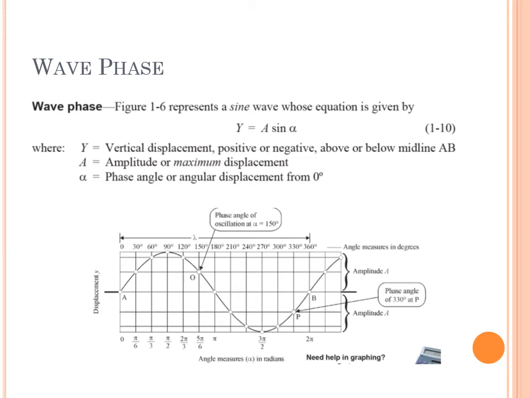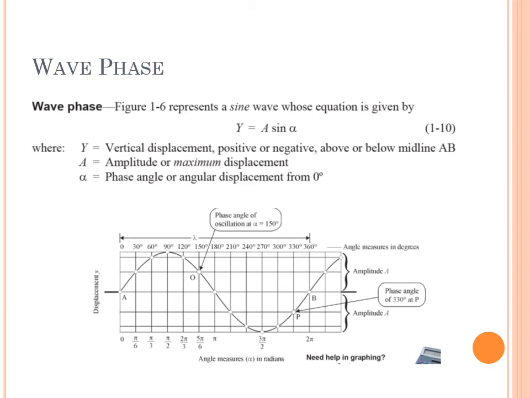The next topic we'll talk about is the phase of a wave, the wave phase. If I look at figure 1.6 from our textbook, which is given on the slide here, I could say that the equation for a sine wave is y is equal to a times the sine of alpha, where y is the vertical displacement, either positive or negative, above or below the midline, which in this drawing is AB.